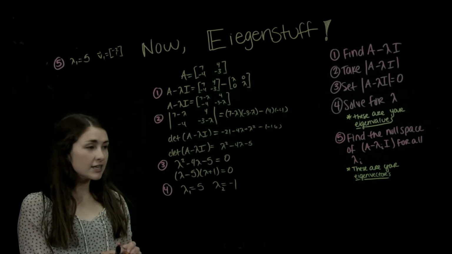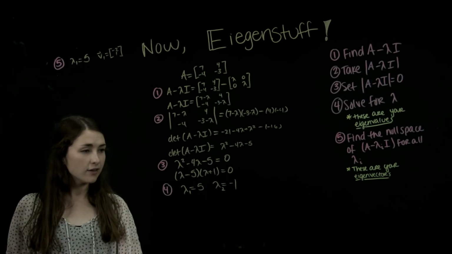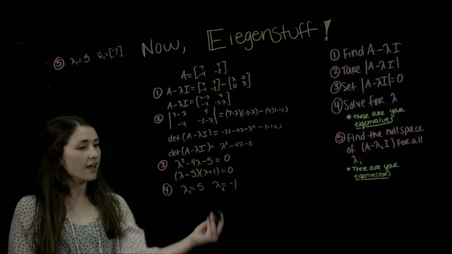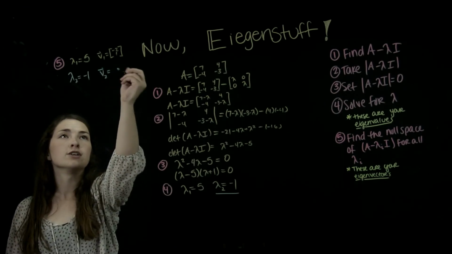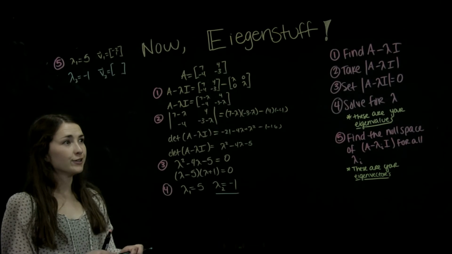So now we're going to consider our second eigenvalue here. We're going to look at lambda 2 equals negative 1. We're going to be looking for v2, so our second eigenvector.